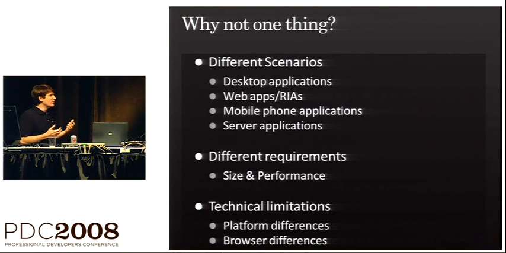And then there are the more general technical limitations of the fact that Silverlight is a cross-platform plugin. We have to deal with all the cross-platform differences, the differences between a Mac and a PC and Linux. And we have to deal with, probably more so than the native OS differences, the browser differences. Silverlight runs on IE, Safari, Firefox, and others, and they do behave very differently.